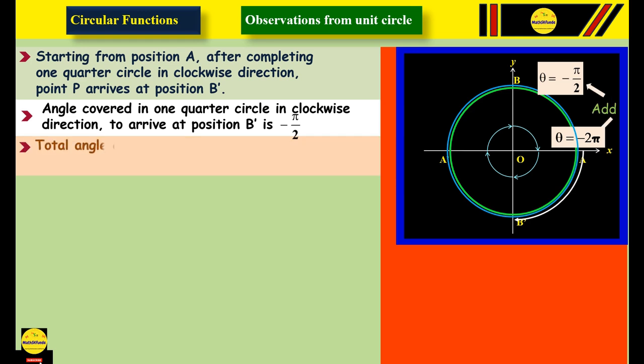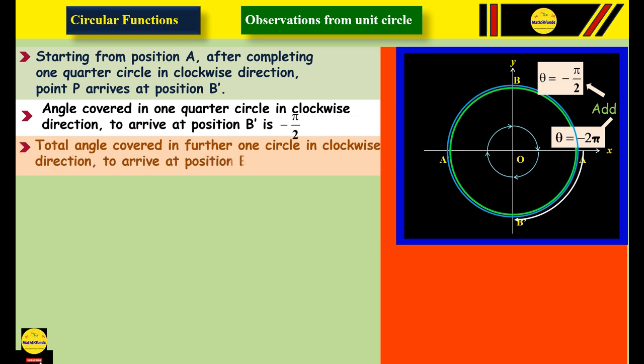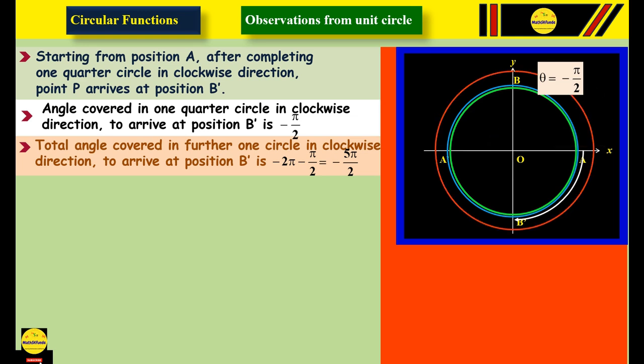So you add this minus 2 pi to minus pi by 2. The initial quarter circle's minus pi by 2 is there, don't forget that. So the angle would be minus 2 pi minus pi by 2, which on simplification leads to minus 5 pi by 2. Now you allow point P to continue its journey in clockwise direction further, and it completes one more circle. That means another minus 2 pi needs to be added to the previous minus 2 pi.